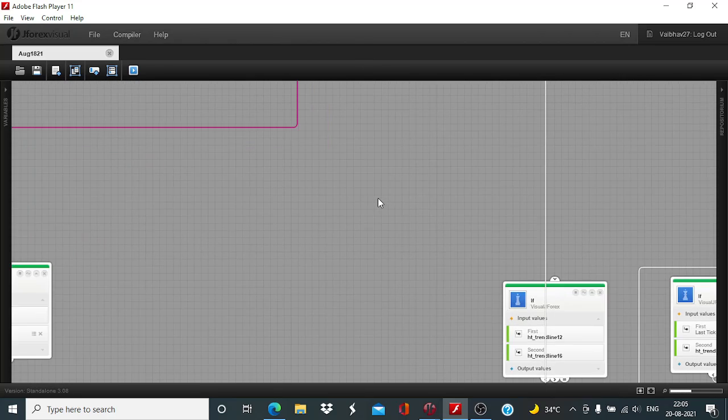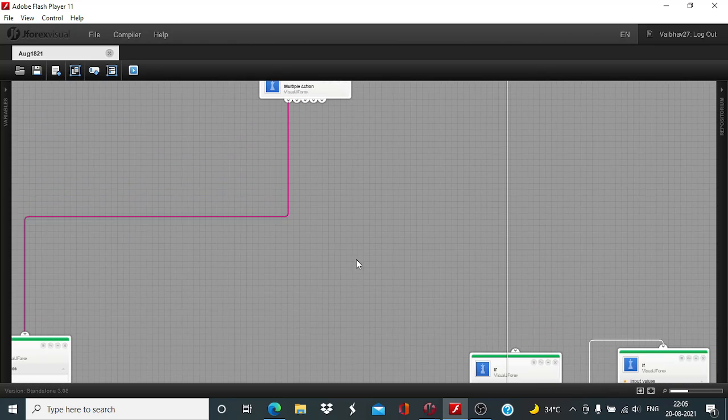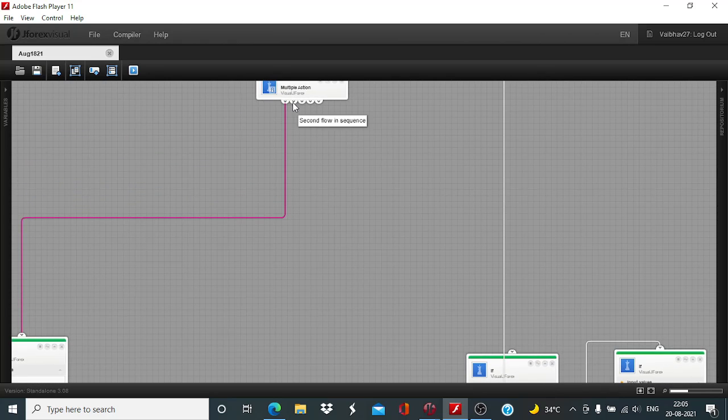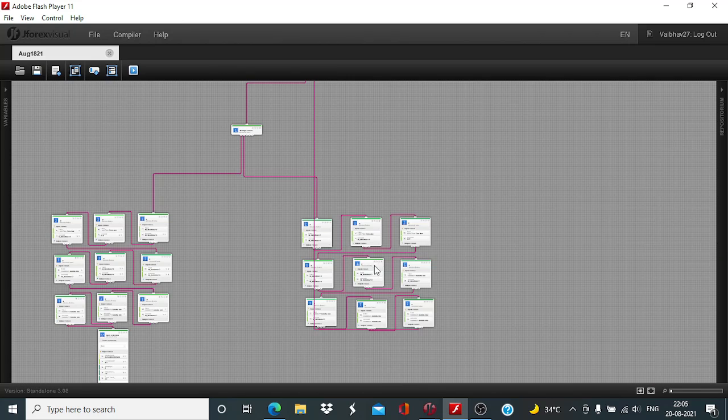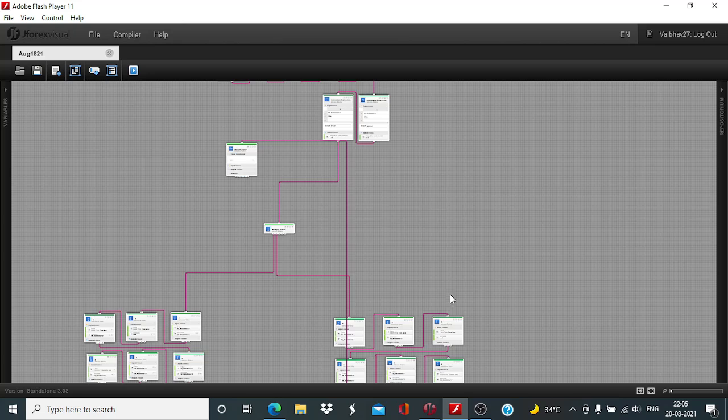And I will join it to the multiple action block, and you will see instantly the trade flow going through. Now these are red.